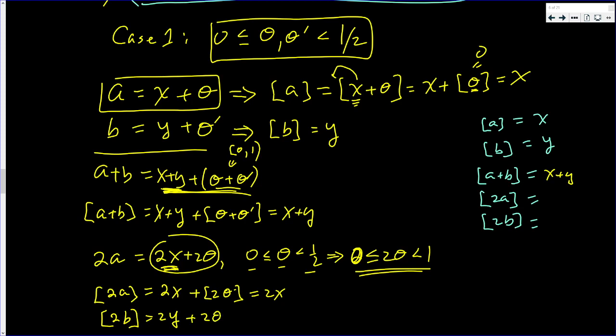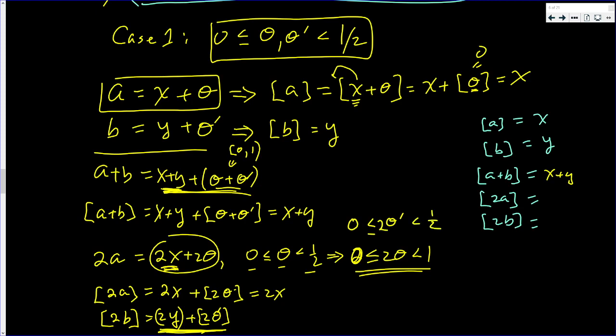Okay, the greatest integer of this, since that's an integer, it stays, plus the greatest integer of 2 times theta prime. But 2 times theta prime is between 0 and 1. We know that theta prime is in between 0 and a half.